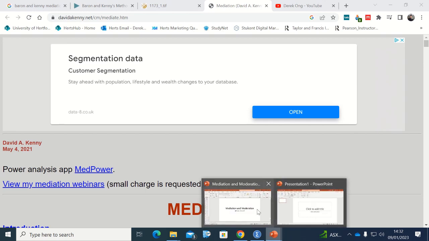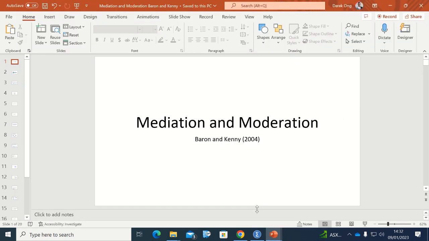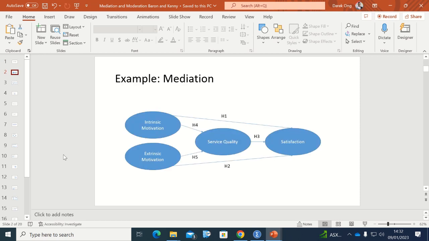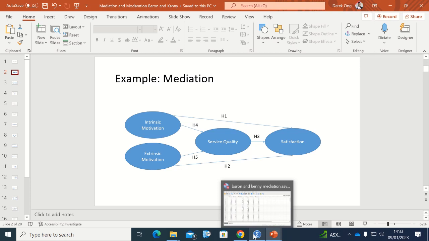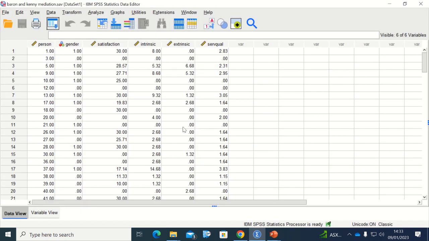For this video, I'm going to be focusing on the example where you look at intrinsic motivation, and intrinsic motivation becomes a factor that influences satisfaction, with service quality as a mediator. The first thing we've got to do is make sure that we do two kinds of regression.